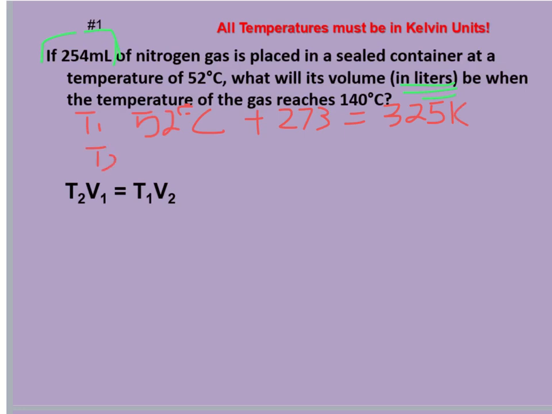Our second temperature, it's a good idea to label it sometimes, is 140 degrees Celsius. And we're going to add our 273, and then we get the final temperature. I'm going to not do much more with you. I want you to finish this one without me. Of course, you're going to start out.